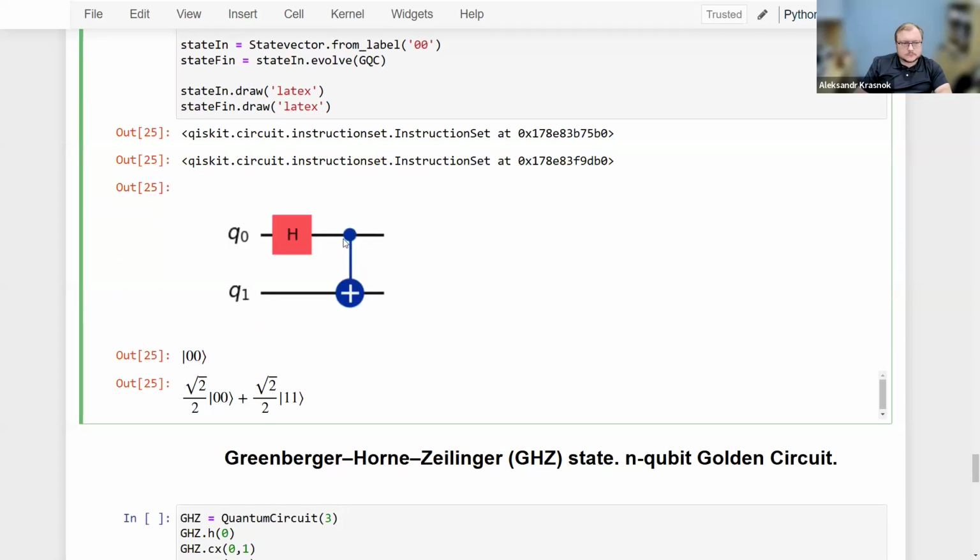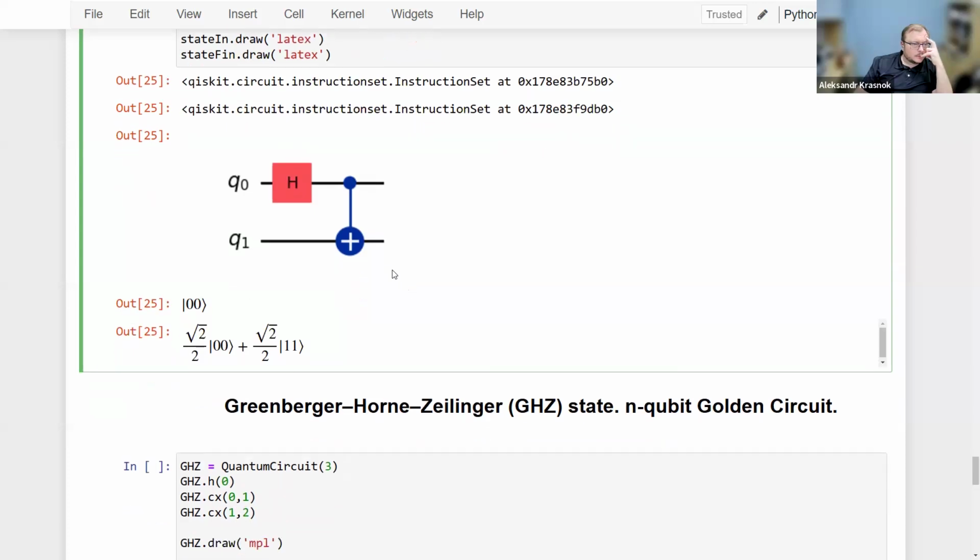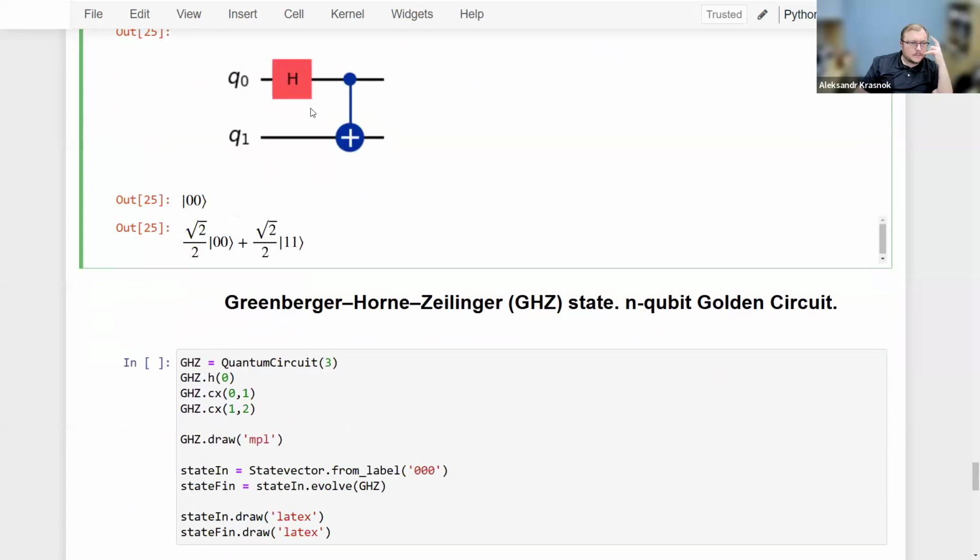Is this one, right? The Hadamard and the C naught gate. In the input state is 0, 0. The output is the Bell state.